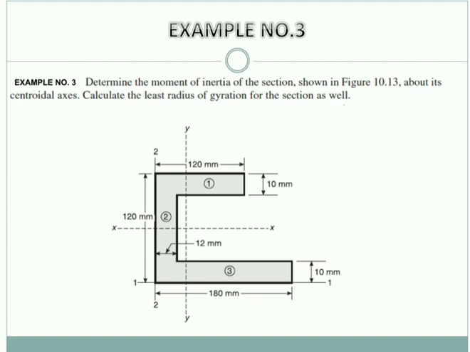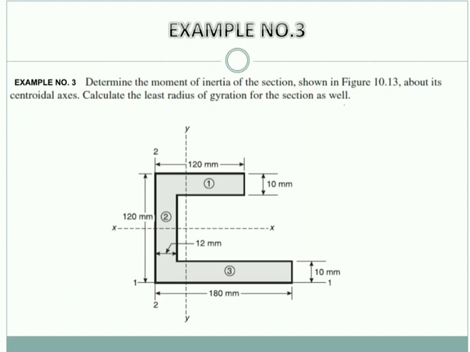When you look at the given figure, we will find the axes 1 1 and 2 2 marked, which will be our reference axes. If those are not marked, you have to mark them and take them as the reference for solving.